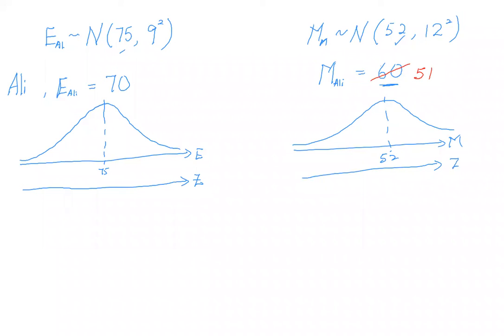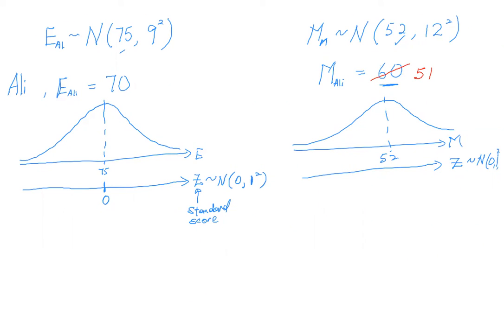Okay, what is Z? Z, we call it a standard score, or we call it the standard normal distribution. If I say that it is a standard normal distribution, it means the mean is 0 and the standard deviation is 1 unit. Are you clear? So now we are going to standardize everything.